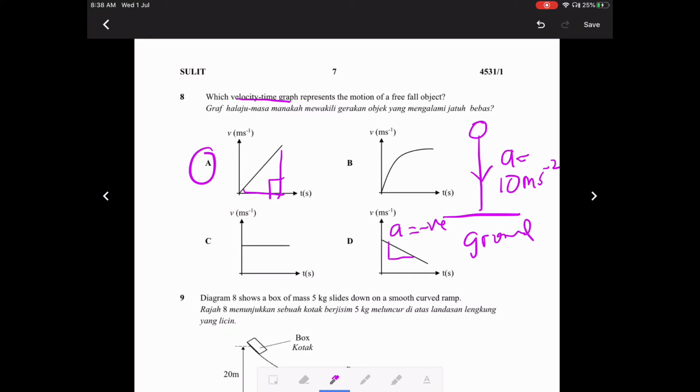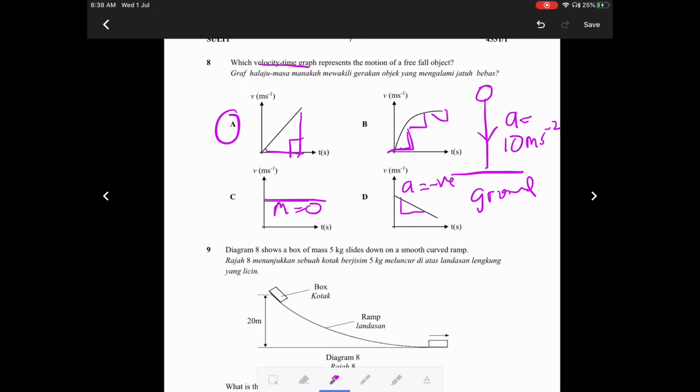Kalau tengok yang B, okay, B kalau you kirakan dia punya gradient, dia tak sama. Gradient yang kat sini, gradient kat sini, dengan gradient kat sini tak sama nilai. Okay, manakala untuk C, tak boleh nak kira gradient because dia flat line. Flat line gradient dia adalah kosong. Okay ya.